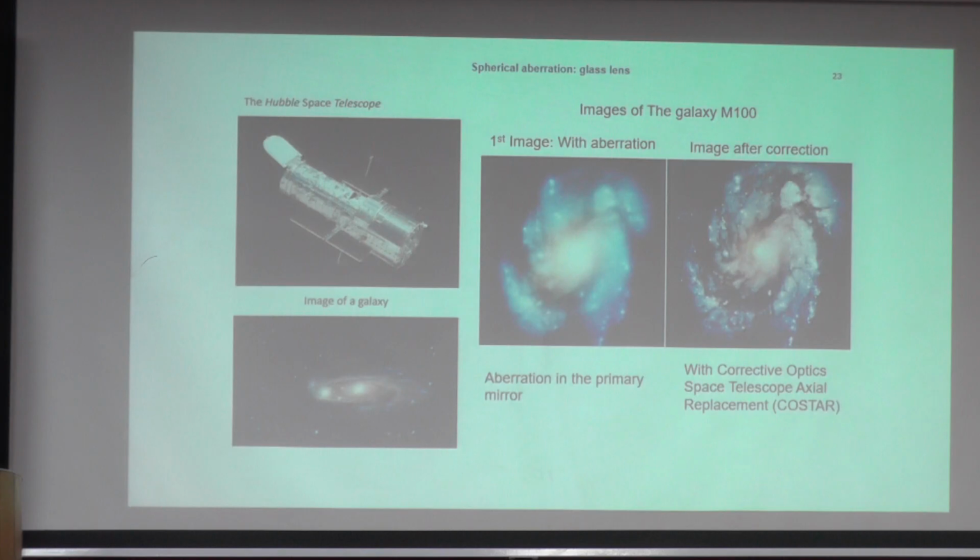And after correction of this aberration, the image of this galaxy appears much more clear. You can see some details which cannot be seen in this image.